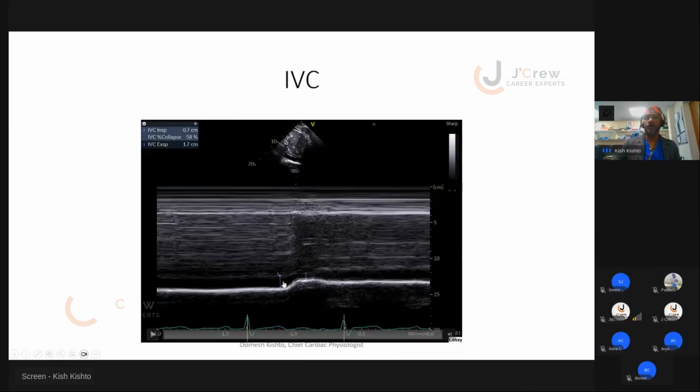And look for your IVC. So IVC, just make sure once you get it, it's nice and open. Get your patient to sharp sniff through their nose, and then you see the collapse. So it's greater than 50%. Great.